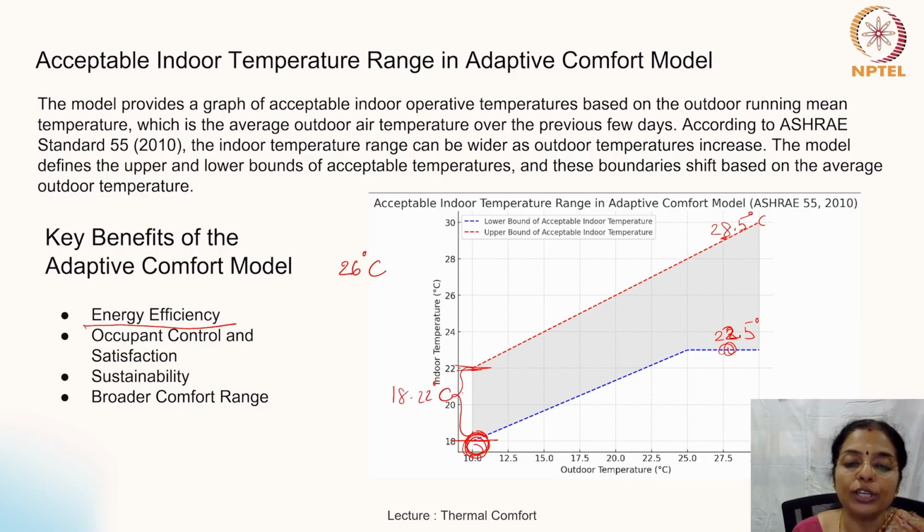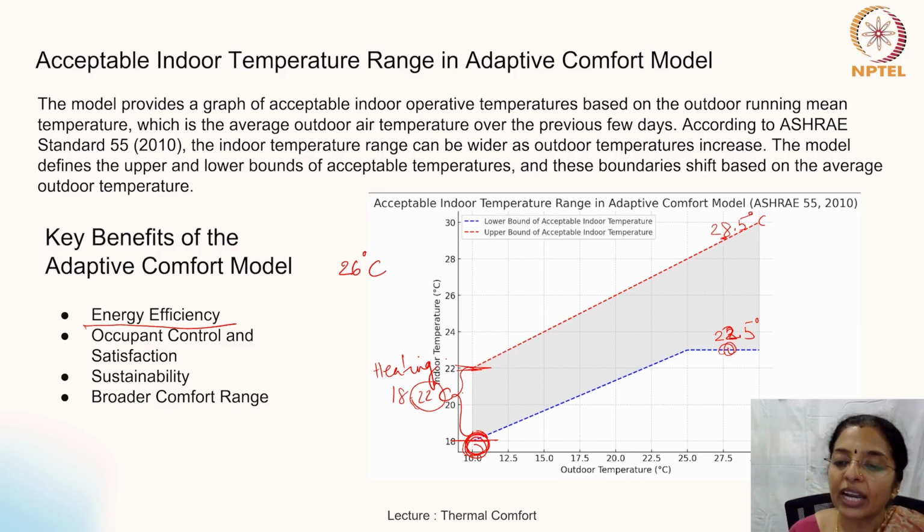By doing so, what happens? The load on heating the room will get reduced. You can heat the room until the temperature reaches, say, maximum 22 degrees centigrade. You don't have to heat it till it reaches 26 degrees centigrade.